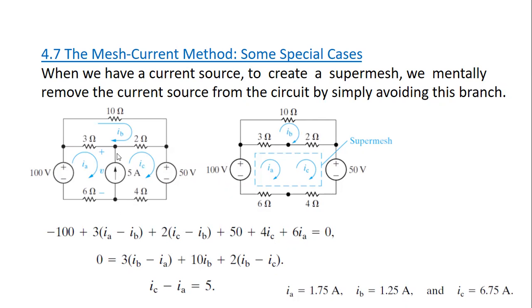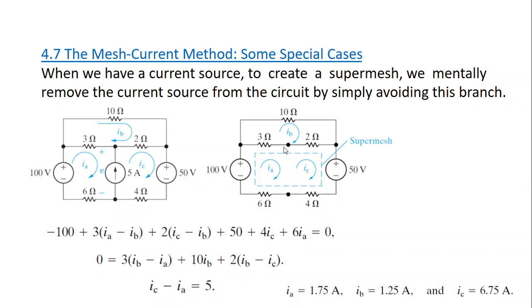So what we need to do is keep mesh B as it is because it has no problem, while mesh C and A will be combined into one mesh, the supermesh, as if you are removing the current source. Then you have one big mesh that combines mesh A and mesh C, and you still have the currents indicated as IA and IC.